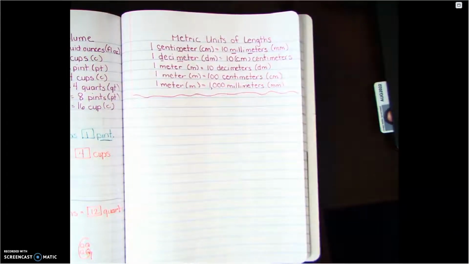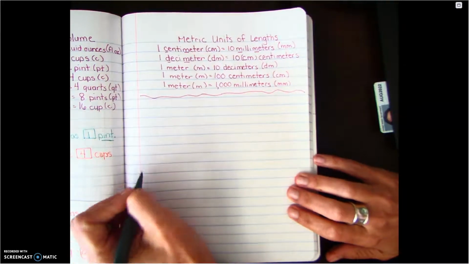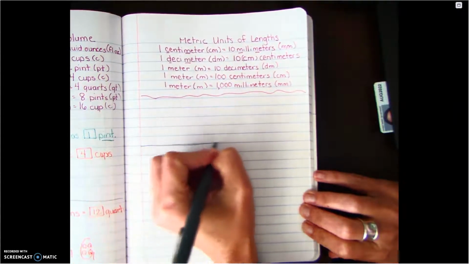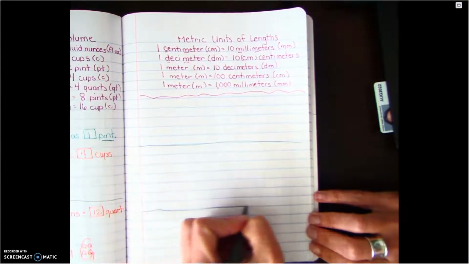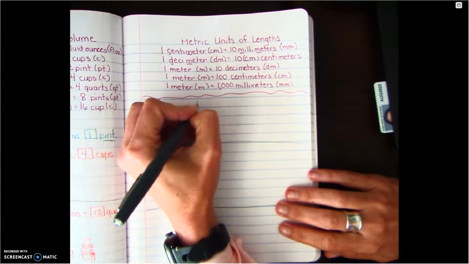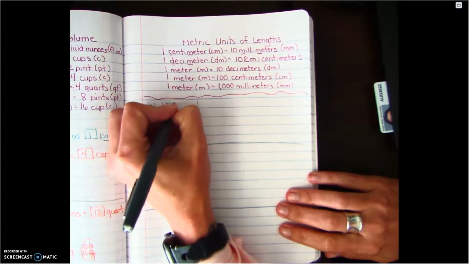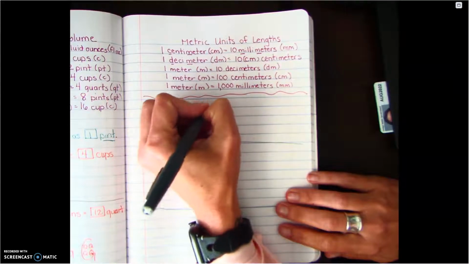Okay, so right away I'm going to go ahead and write my chart. I'm going to divide this part into 3. We're going to do 3 examples. Okay, so we've got our in, our think, and our out.